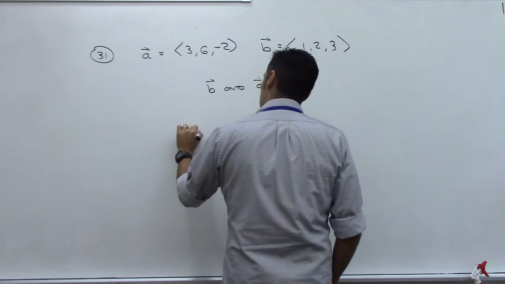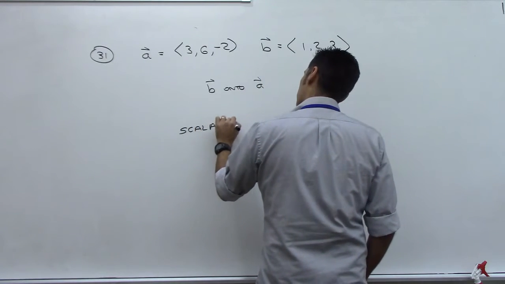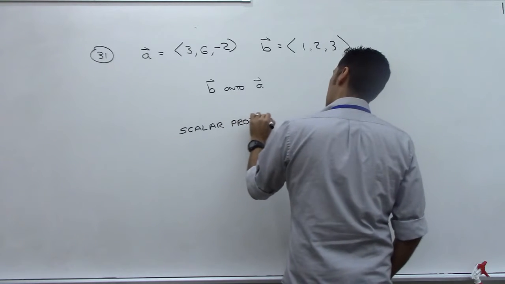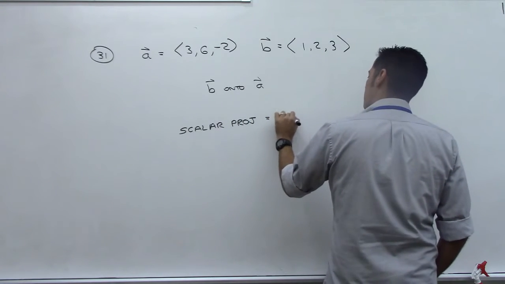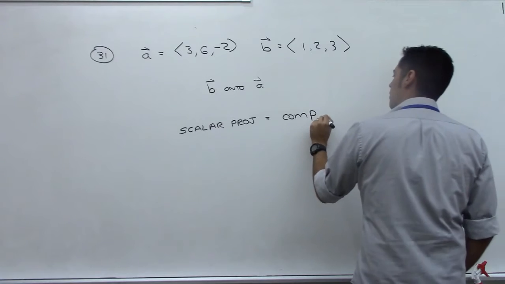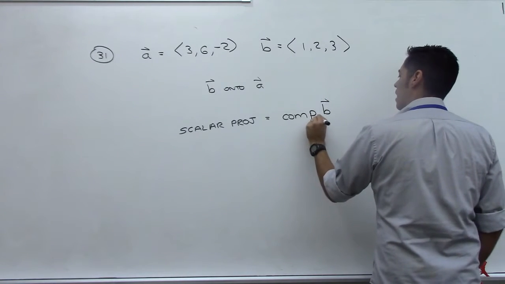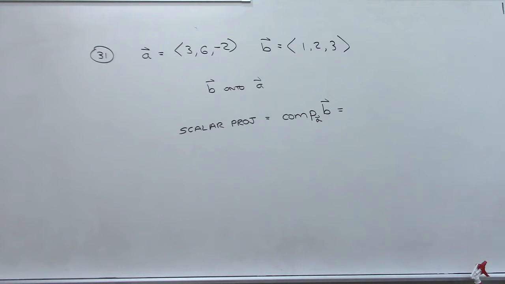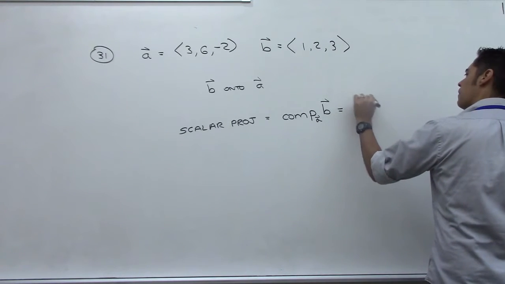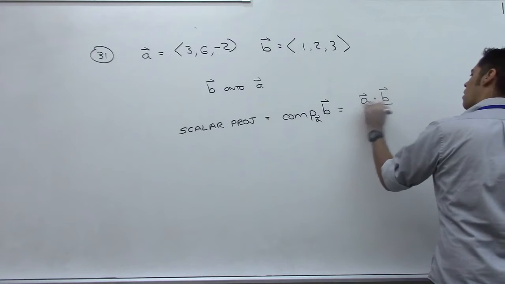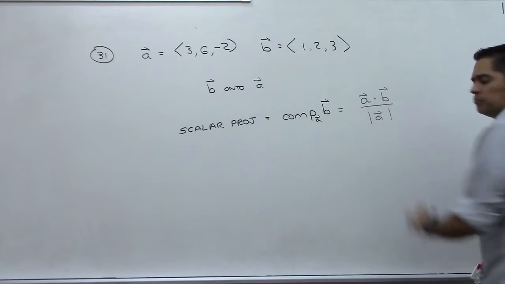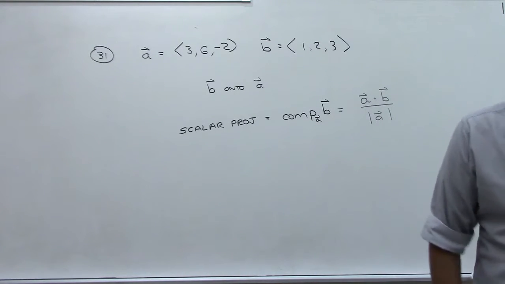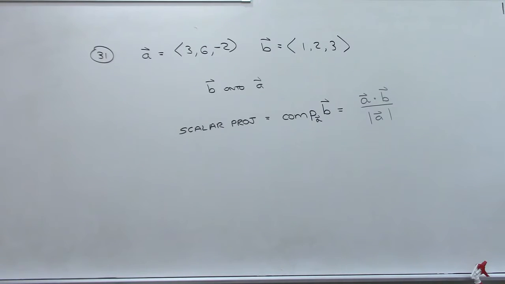So the scalar projection is equal to what we call the component of the vector B onto the vector A, which I gave in class is just A dot B over magnitude A. And then the vector projection we'll do afterward.